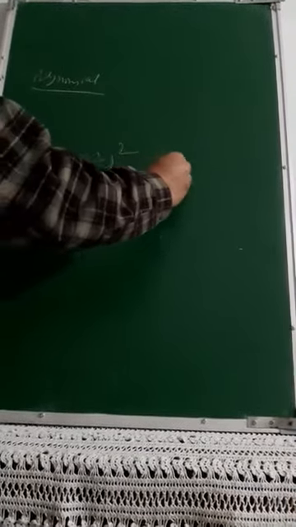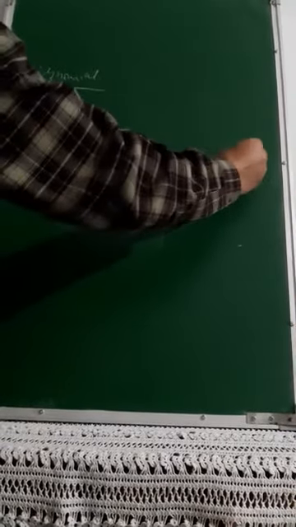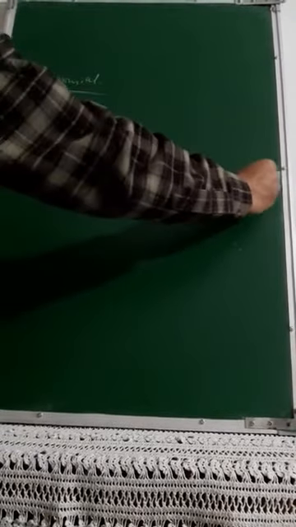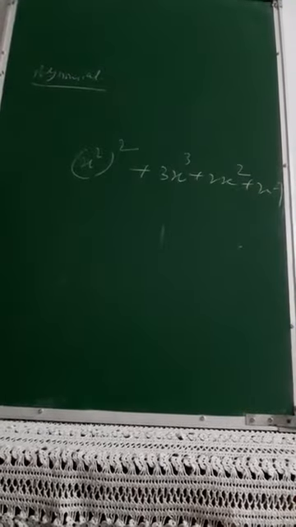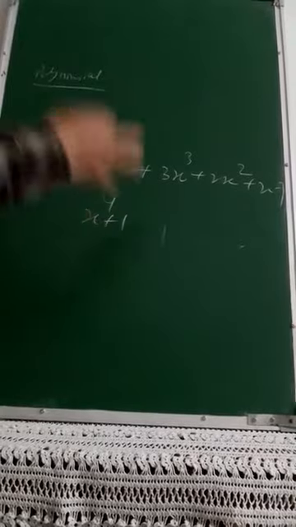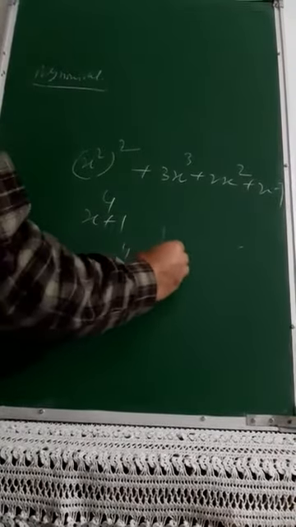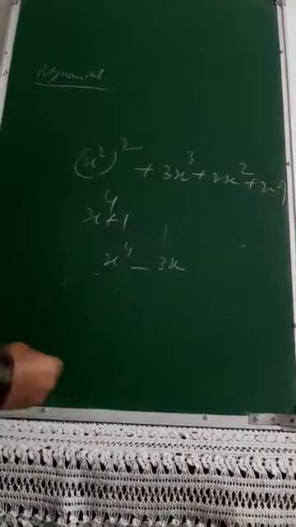And then biquadratic. Biquadratic, I said the degree is 4. Like you have written suppose x raised to power 4 plus 3x cube plus 2x, and it is not necessary even to write 3x cube. Directly you can write x square also or x also, then constant term anywhere you have left. So your example, you can write x raised to power 4 plus 1. This is also a biquadratic polynomial. If you have written x raised to the power 4 minus 3x, again it is a biquadratic polynomial.